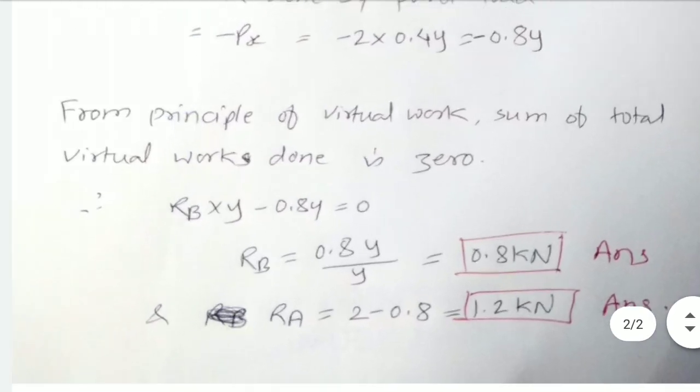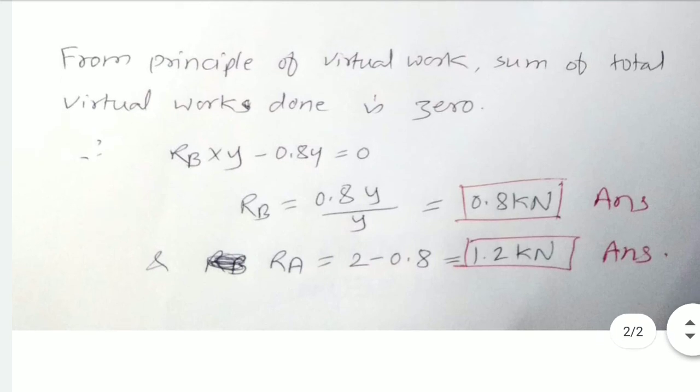By solving this, RB is equal to 0.8Y upon Y; Y gets cancelled. So RB is equal to 0.8 kilonewton. This is our first answer: RB is 0.8 kilonewton in the upward direction, positive.